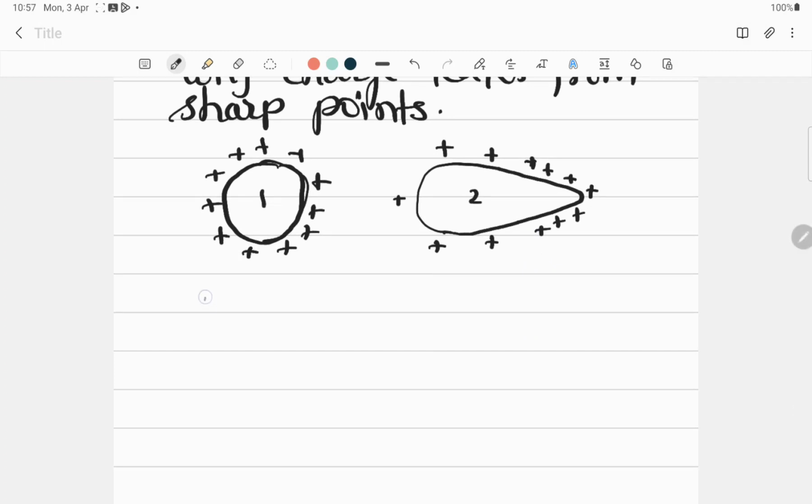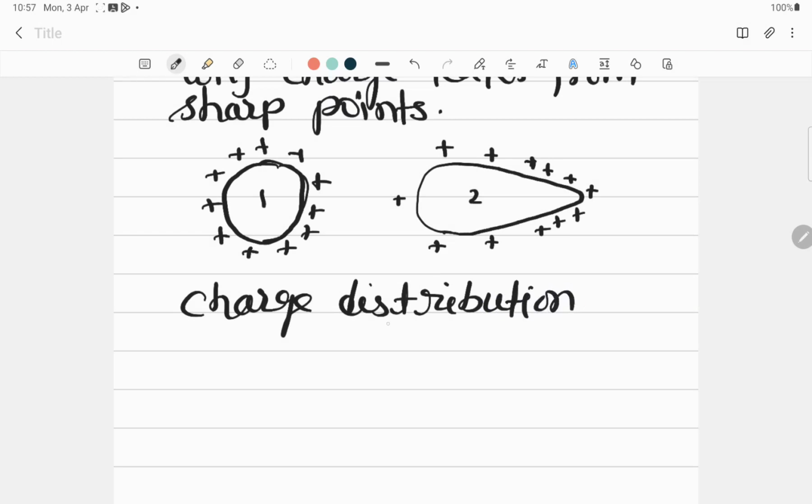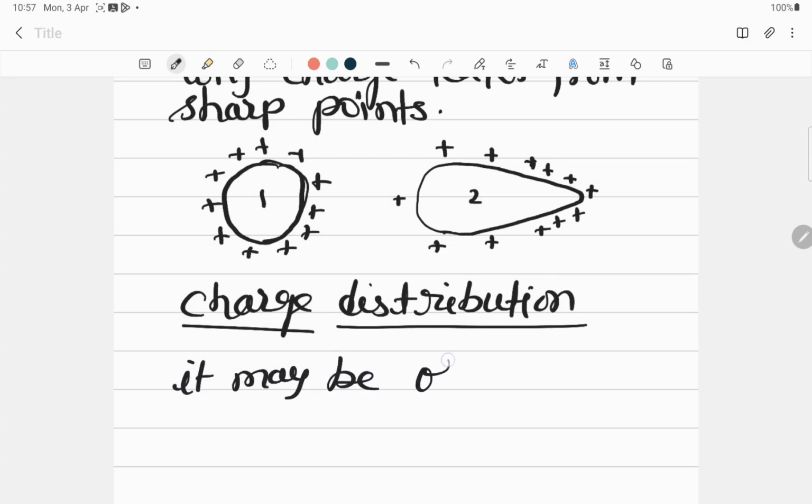Now charge distribution. It may be of two types.